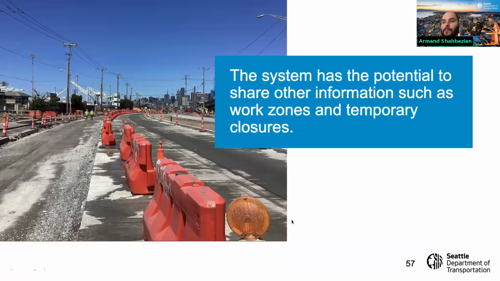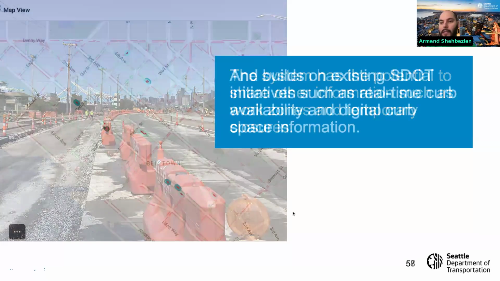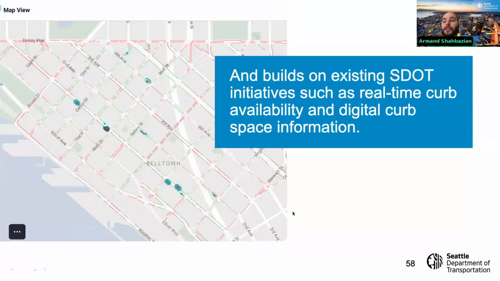We also know that while this initial version of our system is using the fire department's 911 data as the source, we also have seen the potential for other information, especially around work zones and temporary closures. And it also really builds on a lot of the work that's been shared by other presenters, especially around real-time curb management.